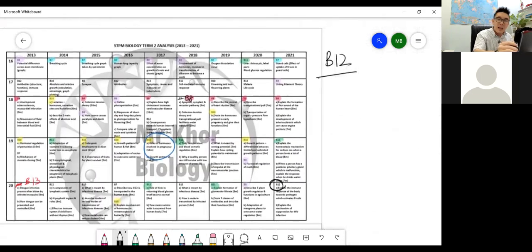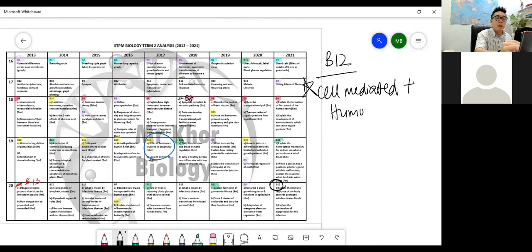But love it, hate it, guys, cell-mediated and humoral you have to know. It's always at the very top of the list. But I would say this is good news in a sense: HIV did come out.